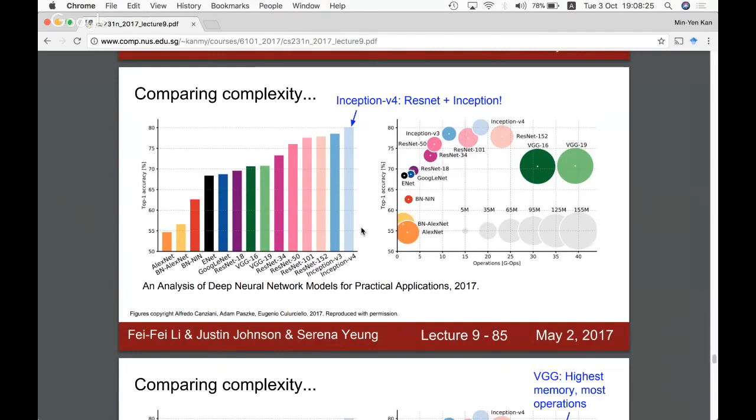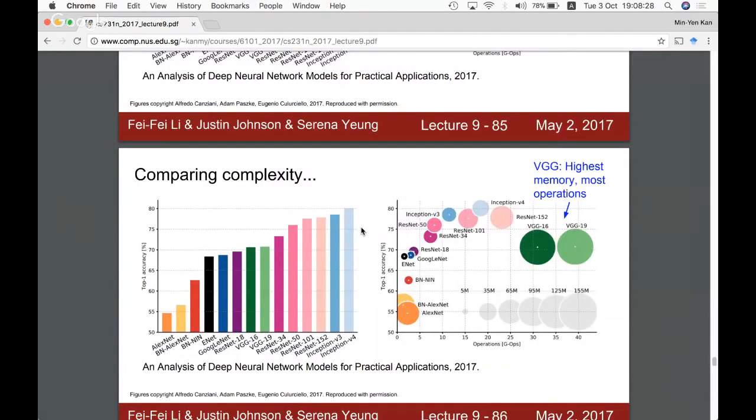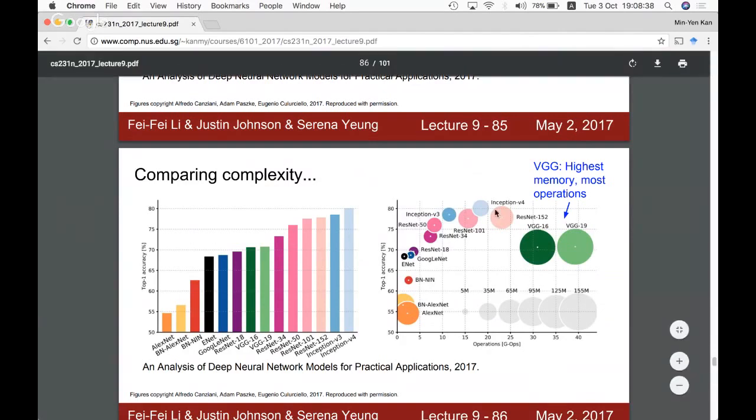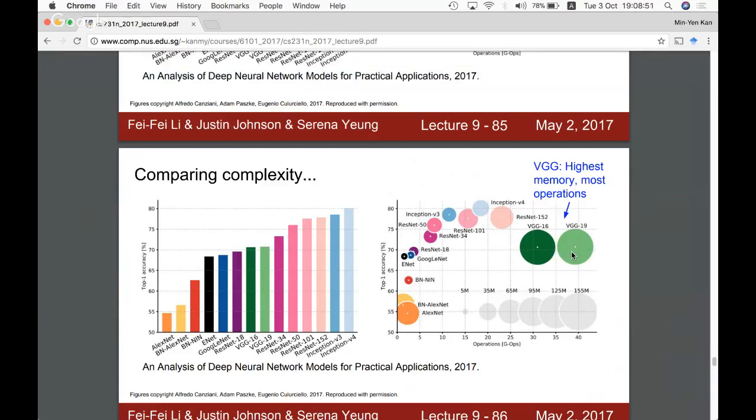And the graph on the right is talking about complexity. It shows accuracy versus the number of operations, where higher is more accurate, and the circle denotes the amount of memory, so bigger is worse.